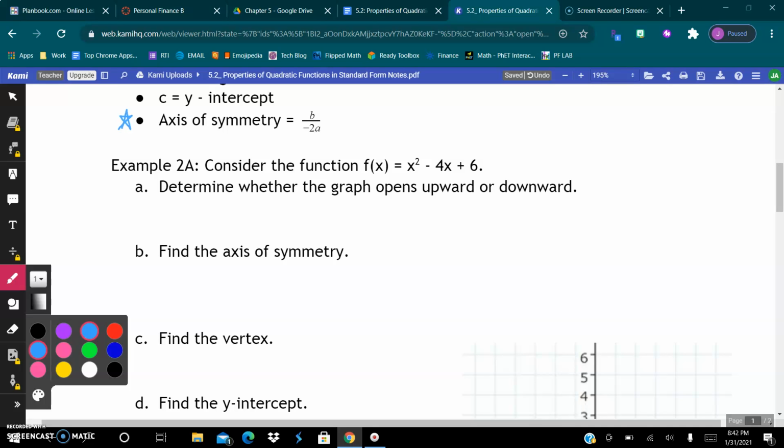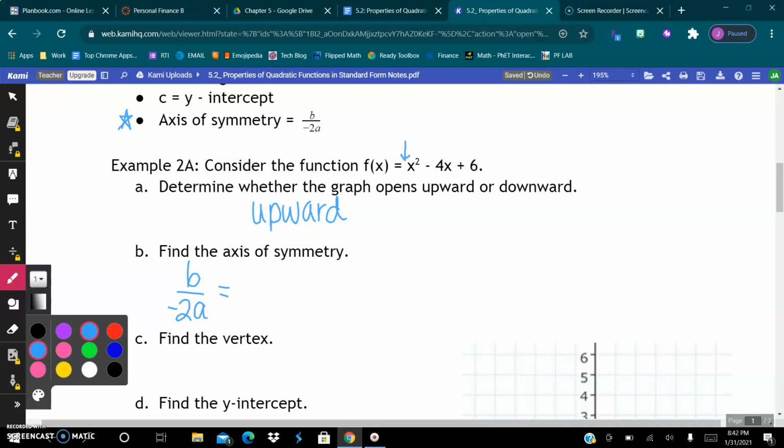For example 2, we're going to consider this function. For part A, determine whether the graph opens up or down. We look at the a value that goes in front of x squared, and that is a positive value. So that means our graph is going to open upward. Part B, find the axis of symmetry. I take the b value and divide it by negative 2 times a.